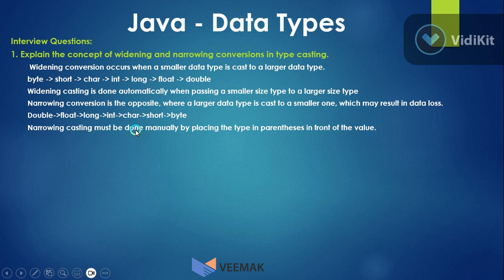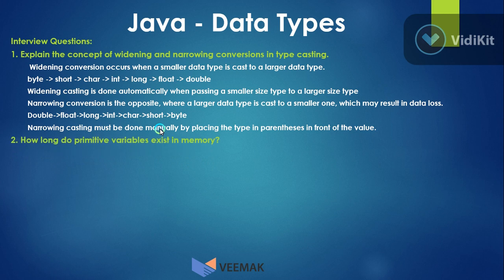Narrowing casting must be done manually by placing the data type in parentheses in front of the value. Widening casting happens automatically; the developer doesn't have to do anything, the compiler will take care of it. But in narrowing conversion, the developer has to write code to convert the data type.